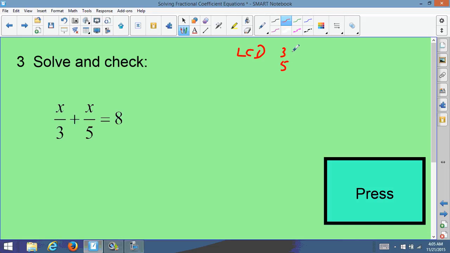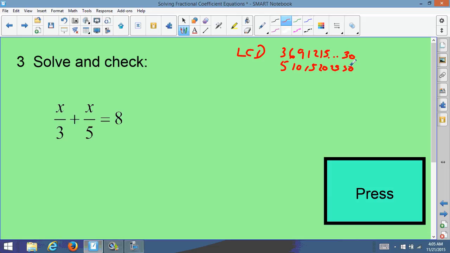So if we count by 3: 3, 6, 9, 12, 15, and we can keep counting. Eventually we'll get up to 30. We can count by 5s now: 5, 10, 15, 20, 25, and 30.